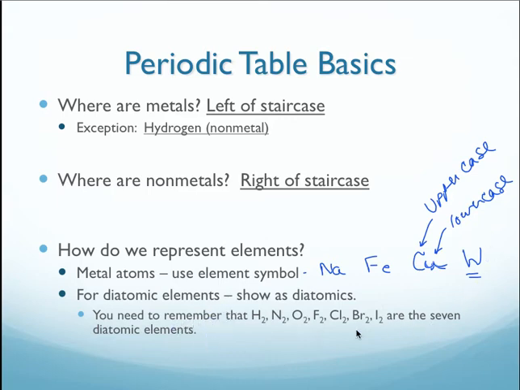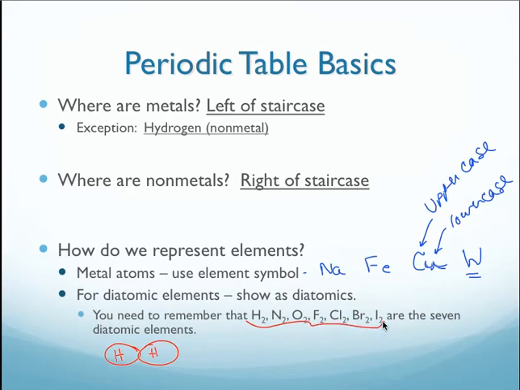There are 7 diatomic elements: hydrogen, nitrogen, oxygen, fluorine, chlorine, bromine, and iodine. Those are diatomic elements, meaning as they exist as an element, they are bonded together to make a molecule that is 2 atoms joined together.